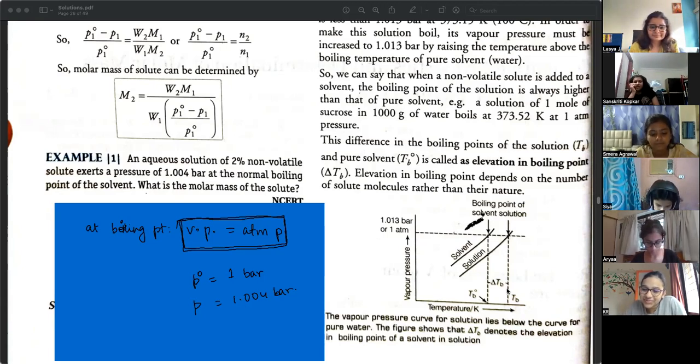What to do with the 2%? What is 2% given? The mass percent. Yes, it's a 2% aqueous solution. It means in 100 grams of solution, 2% is like 2 grams is the solute.